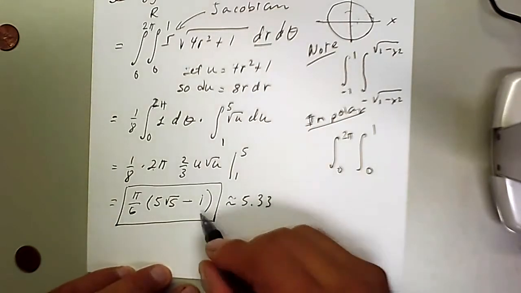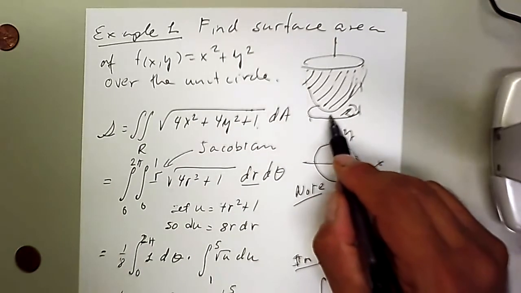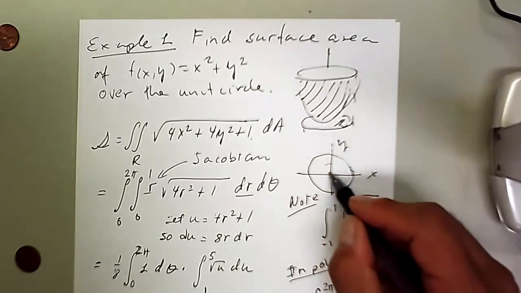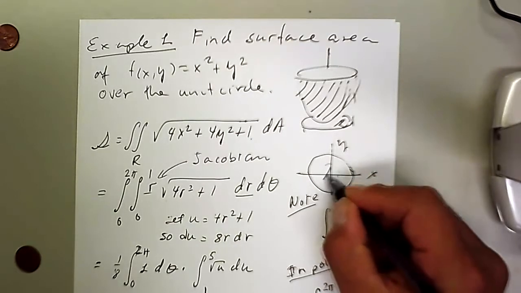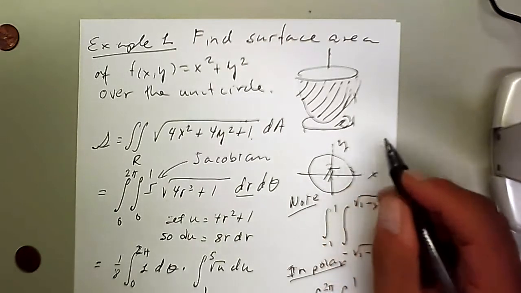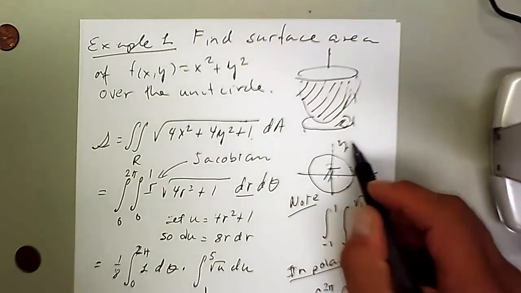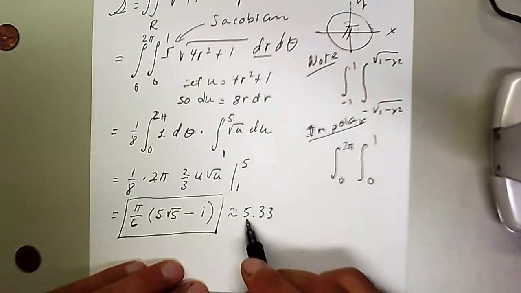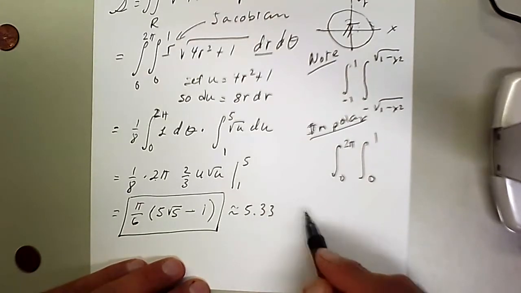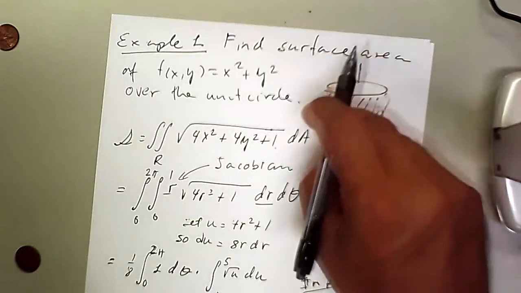Which means now the area of the circle on the floor is just pi r squared, but the radius is 1. So this is pi, that is 3.14. So when we stretch it up here, we end up going from 3.14 to 5.33. So we increase the area by a lot when we stretch it over this surface.